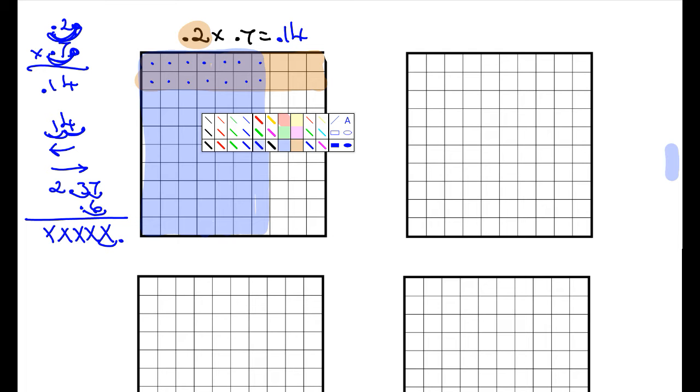I'm going to multiply that by 0.3. And 3 times 2 is 6. 3 times 1 is 3. 2 decimal places. I'm going to start here, move it over 2 places. So the answer is 0.36. So that should tell us that we're going to have probably 36 squares if we do it right.